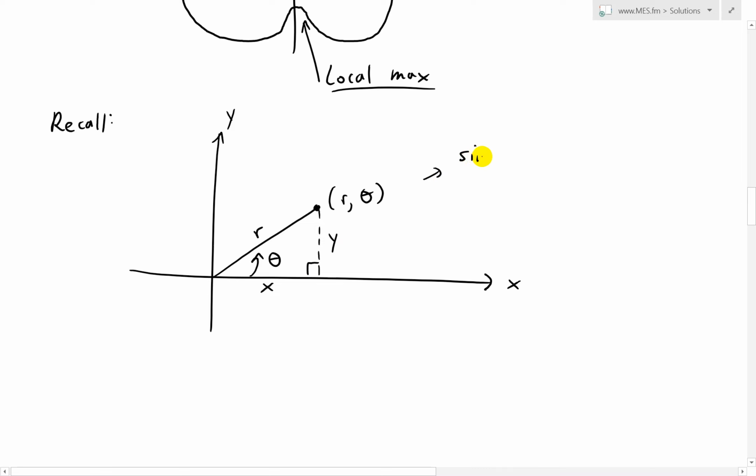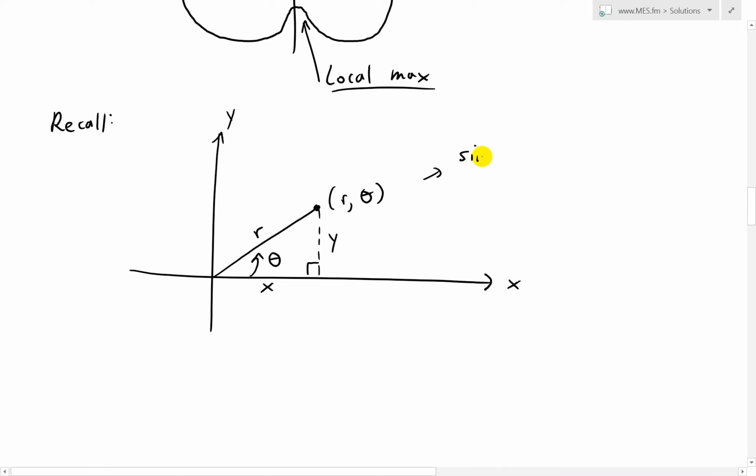I'll just write that over here. So we have y equal to r sine theta, where r, remember, is just the Limaçon, 1 plus c sine theta. So we have 1 plus c sine theta, and then times sine theta.